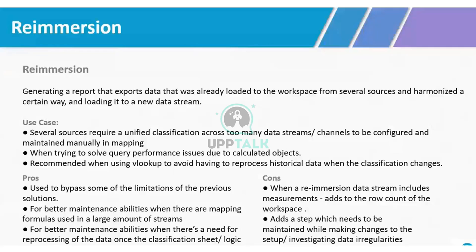Your impressions were 2 previously, they were supposed to be 2 only, right? But you have mapped your measurement again and it becomes 4. That is a con, and it adds a step which needs to be maintained while making changes to the re-immersed data.